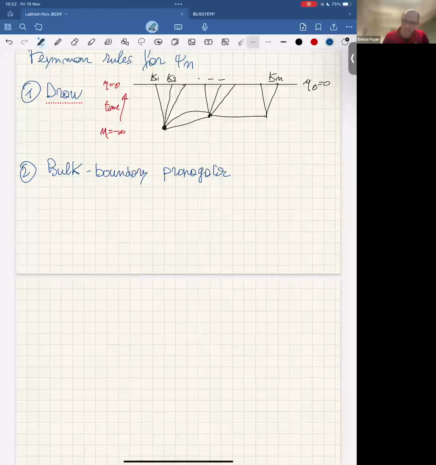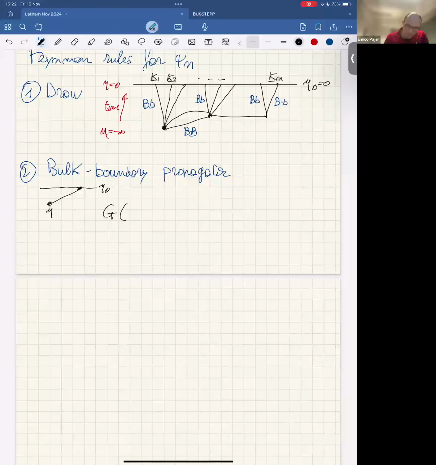So this is a bulk boundary propagator. This is another bulk boundary propagator. These are other bulk boundary propagators, all the lines that are going up. And then the other lines are going to be called bulk propagators. I'll show them to you in a second. A bulk boundary propagator is a line that goes from some time eta to the time eta 0.